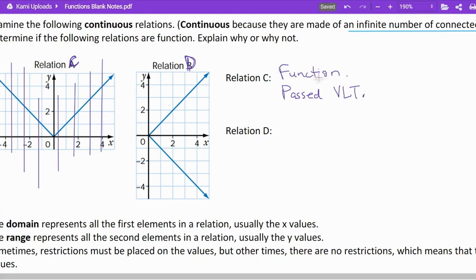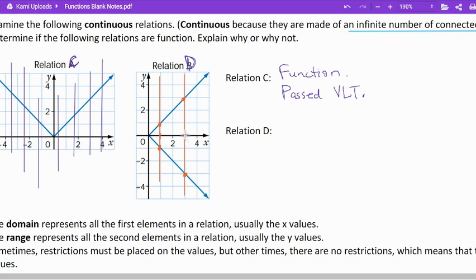Let's do a vertical line test for relation B. Ooh, bang. Oh, that hurts. Look, when I drew a vertical line, the vertical line touched the relation twice. And so that means that when x equals 1, y is positive 1 and negative 1. Let me check again, because maybe that was just a fluke. Oh, bang, again. Oh, this is so sad.